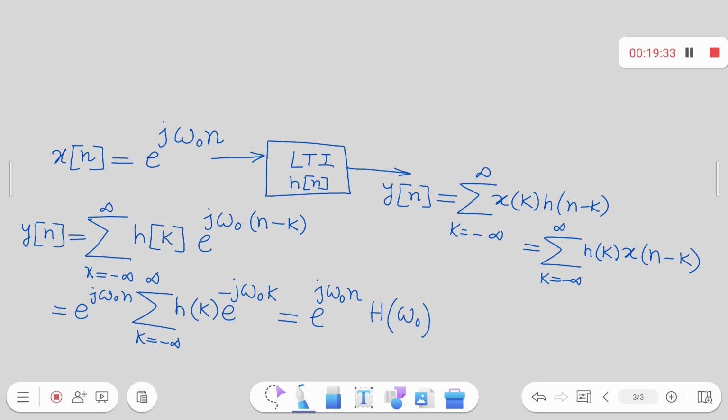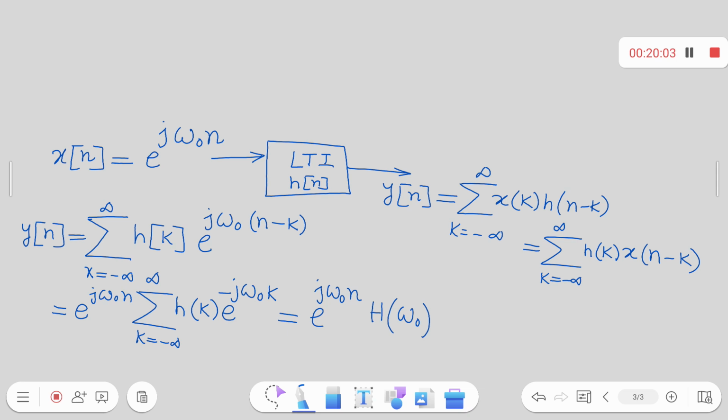Last time, when we represented an arbitrary signal, for the discrete time case, as the weighted summation of the impulse and its delayed versions, that time you had to rely on the convolution. We represented x of n as summation k going from minus to plus infinity, x of k delta n minus k.